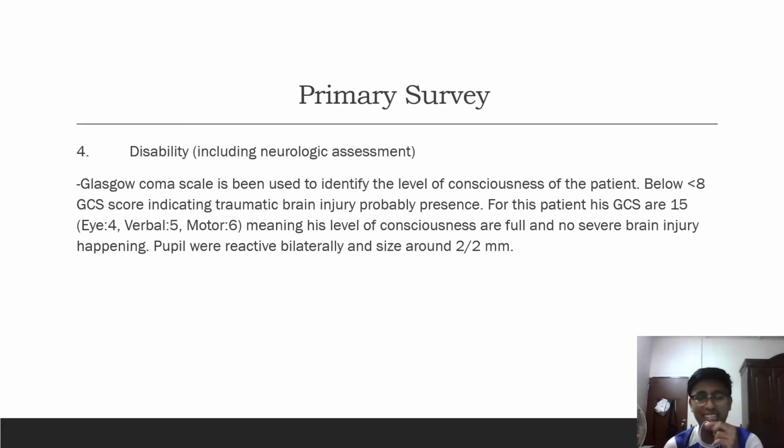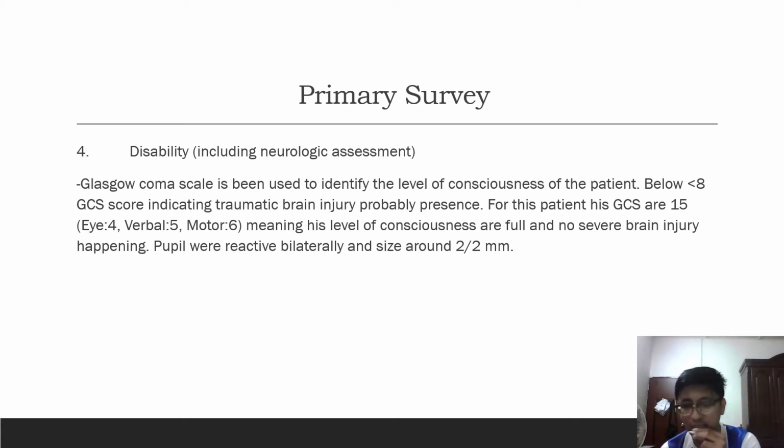For D in primary survey, disability including neurologic assessment. In disability, Glasgow Coma Scale is being used to identify the level of consciousness of the patients. GCS below 8 indicates traumatic brain injury probably present.